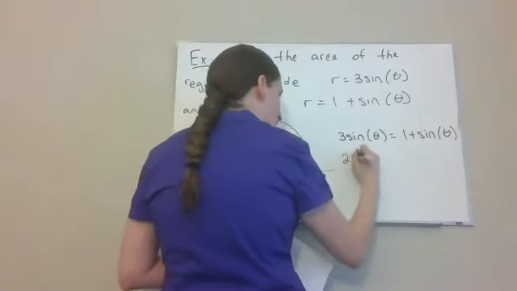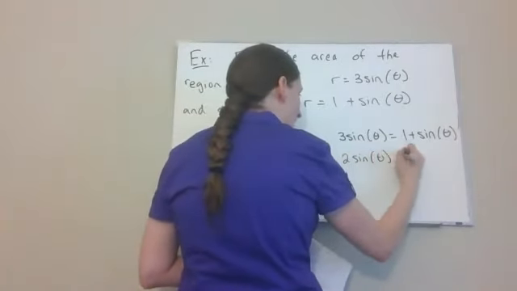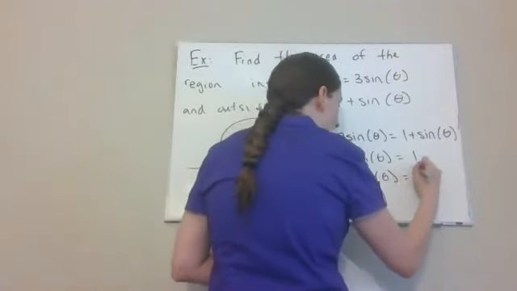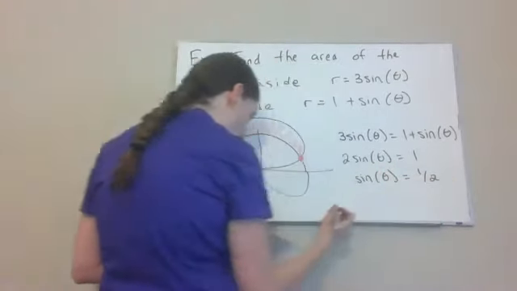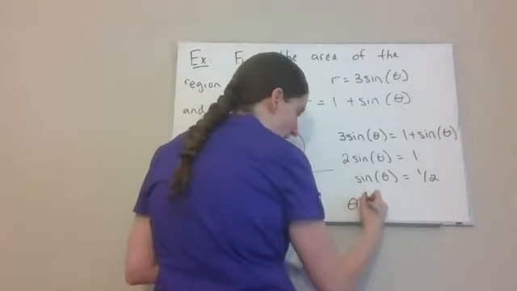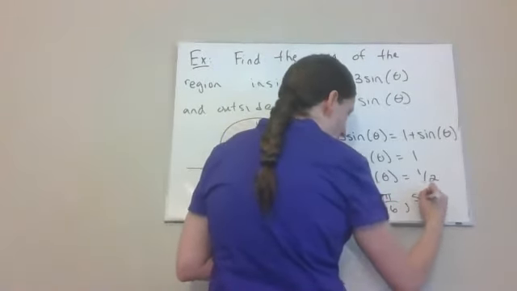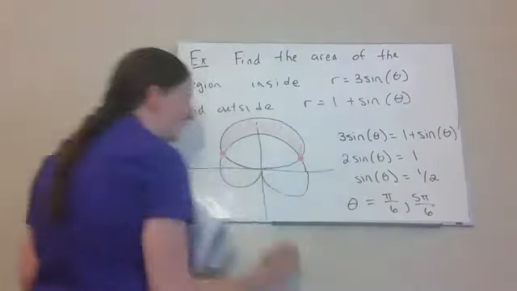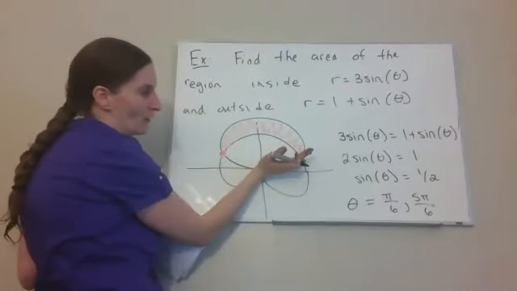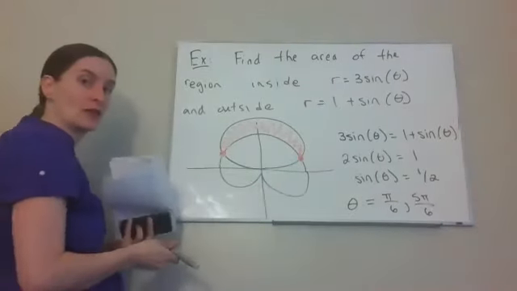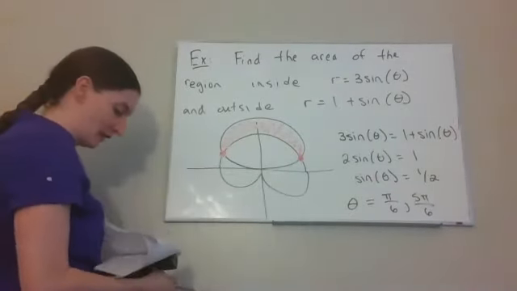So I'm going to have 2 sine theta equals 1, which means sine of theta is 1/2. And then I do an inverse sine to get theta is equal to pi over 6 or 5 pi over 6. So this first angle over here is pi over 6, and over here is 5 pi over 6. That matches what's going on in my graph, so it makes sense.